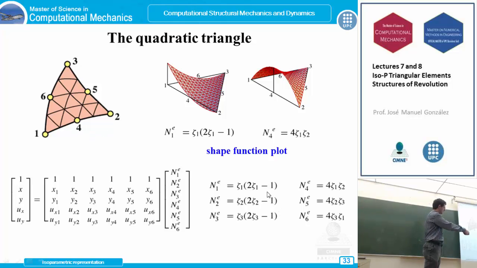So ξ1 minus 1/2 vanishes at these 2 points, 4 and 6, and so ξ1 times (ξ1 minus 1/2) is our shape function, which vanishes at these 5 points. But now we must use a normalization factor for this node, because we want the shape function to take the value one in this node.